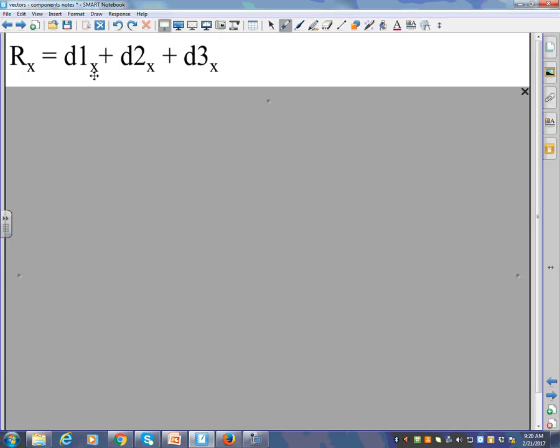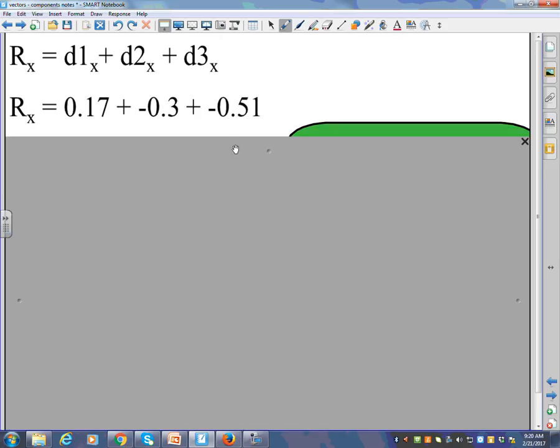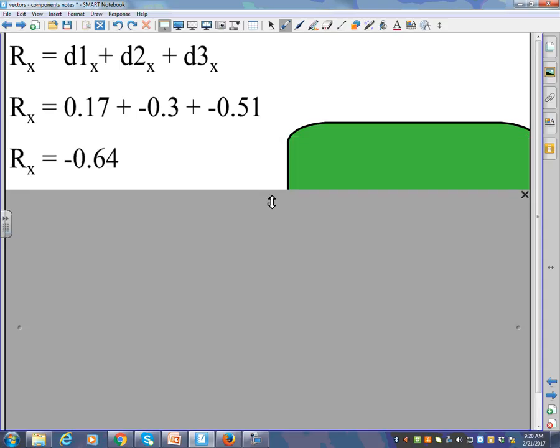You literally add the x components together. They're just regular plus and minus numbers, so you can just add them. So in this case, 0.17 plus minus 0.3 plus minus 0.51. And you get an answer like that.